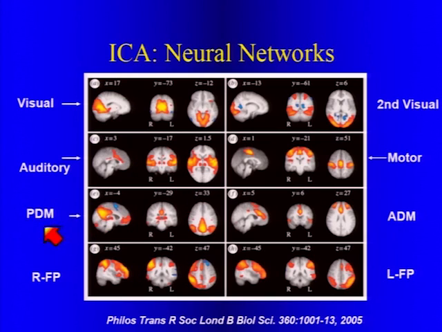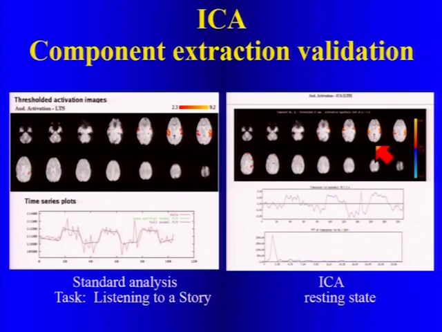We'll talk about this a little bit. This is the default mode, and there's a posterior and an anterior default mode, where you get the parietal regions and the posterior cingulate regions, and then there are some areas on the left and right side in the frontal region. But we've found this to be consistent, and so this is a kind of validation.